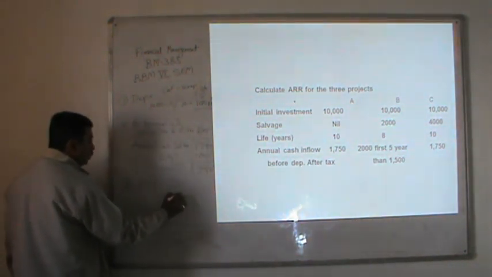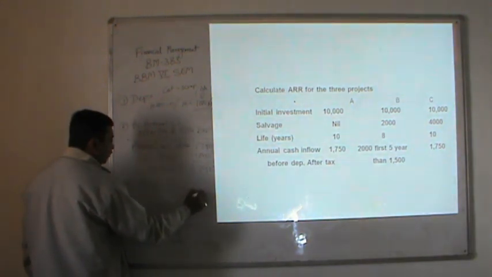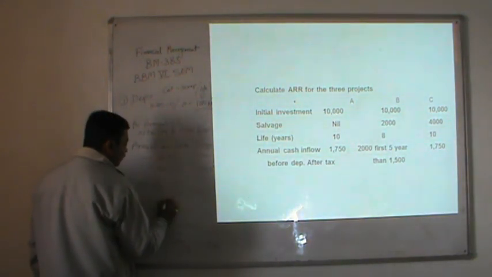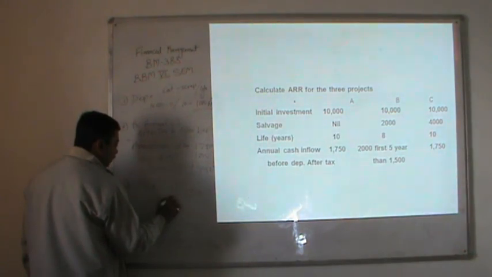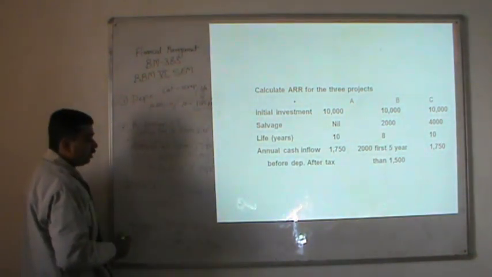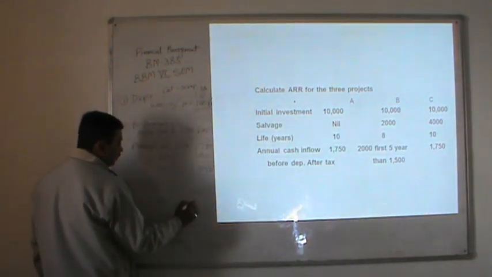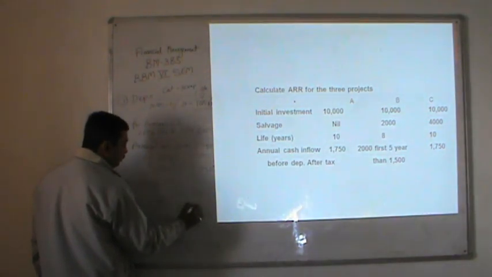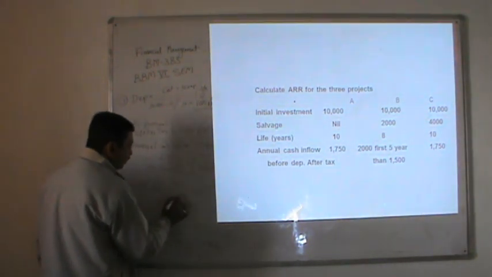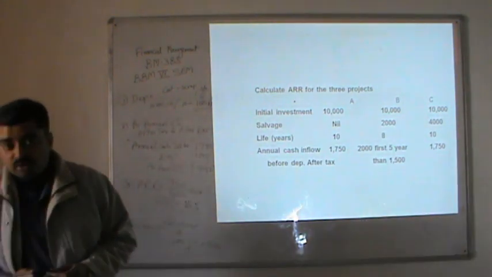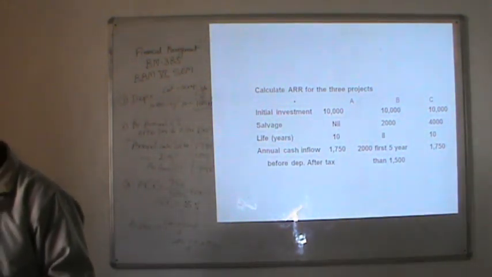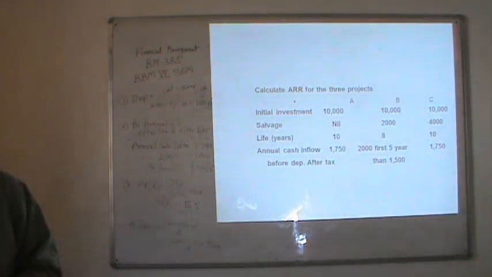So 750 upon 5,000 into 100. This will be the ARR, or average rate of return, or accounting rate of return. So it will be 15%. The ARR is 15% for this question.